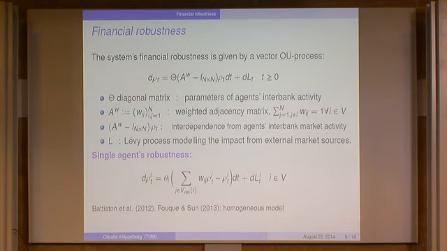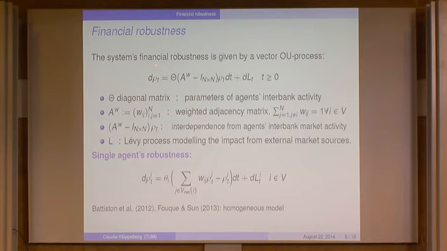Anyway, people have been doing similar things, of course. In particular, Fug and Sun looked at what people call a homogeneous model. What we do here is model the system's financial robustness by a vector Ornstein-Uhlenbeck process. This is a very simple model that one can deal with easily.